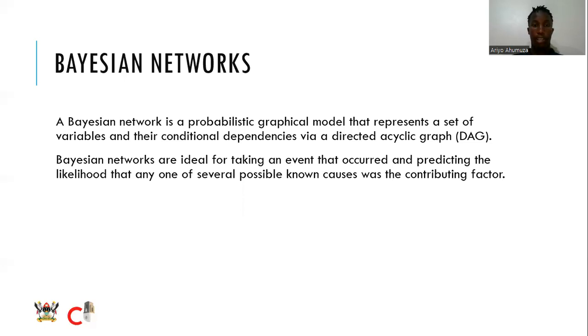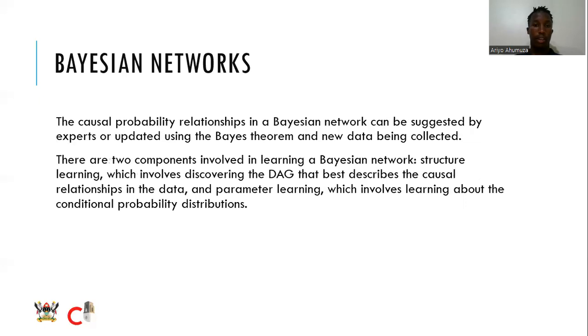Bayesian networks are ideal for taking an event that occurred and predicting the likelihood that any one of several possible known causes was a contributing factor. I'll get into this more in the next slide. The causal probability relationships in a Bayesian network can be suggested by experts or updated using the actual Bayes theorem and the new data being collected.